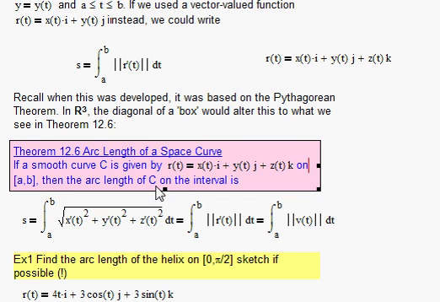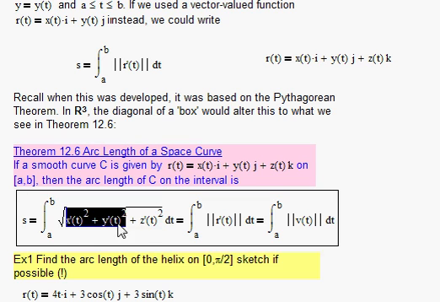Then the arc length of curve C on that interval is the square root of, this is actually just the distance formula, in a way applied to the diagonal of a box. And so it's the usual thing: the integral between A and B of the length of r prime of t dt, which is another way of saying it's the integral of the velocity vector.